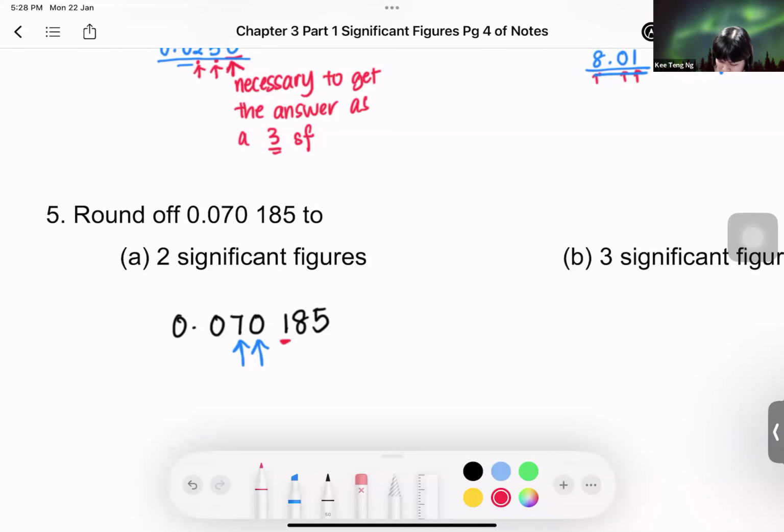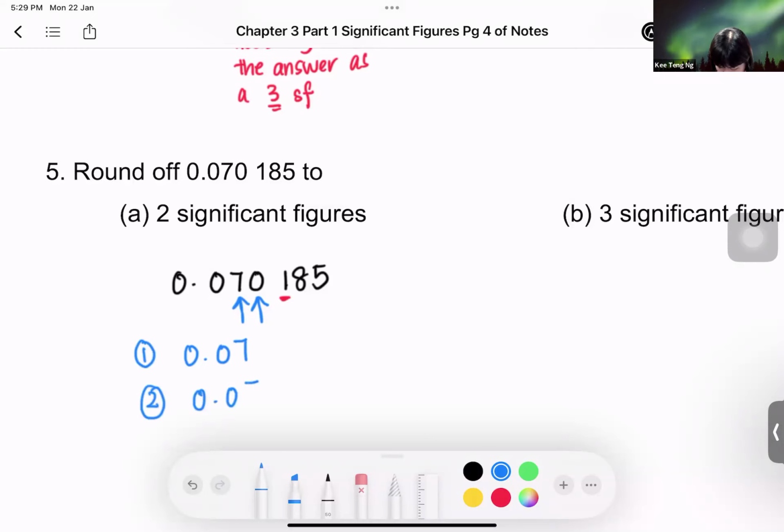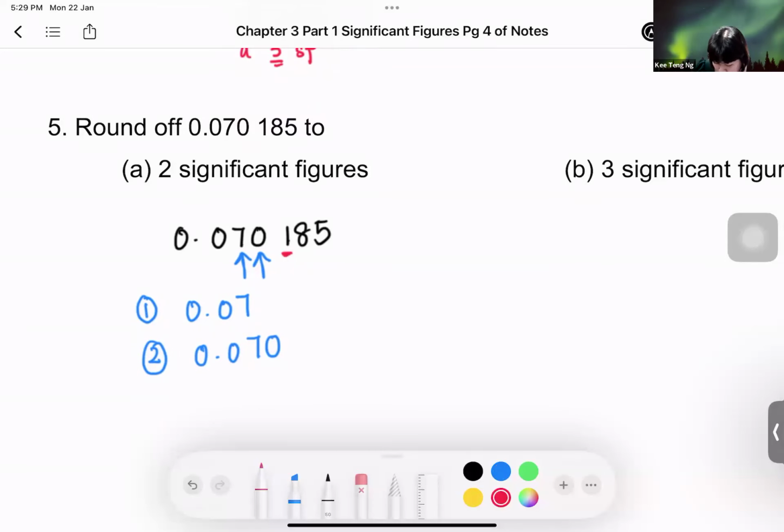So if I leave it alone, is it going to be 0.07, option 1? Or is it going to be option 2, 0.070? Which one gives me 2 significant figures? If I only have the first non-zero digit, this is only 1 sig fig.